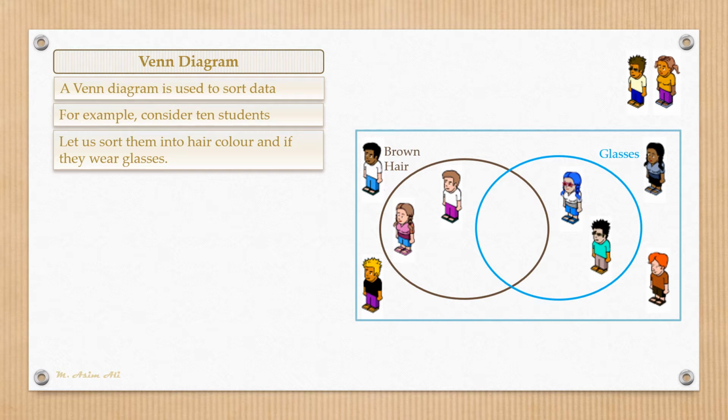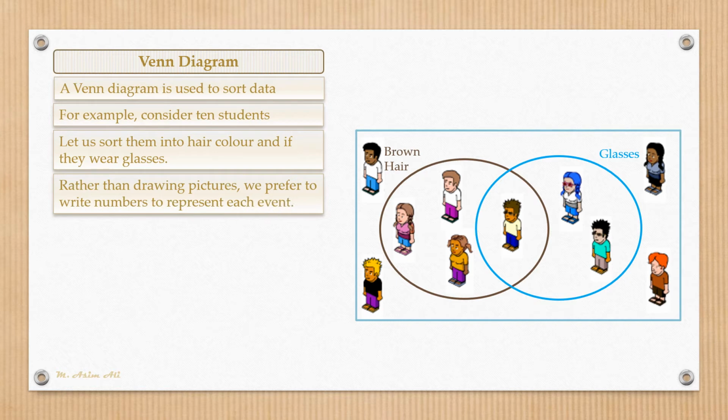That is, he will come in the overlapping part, in the middle of the two sets. Next is a girl who has brown hair but she's not wearing glasses, so she will come in the set of brown hair people. So we have arranged all the students according to whether they have brown hair or not, and whether they are wearing glasses or not.